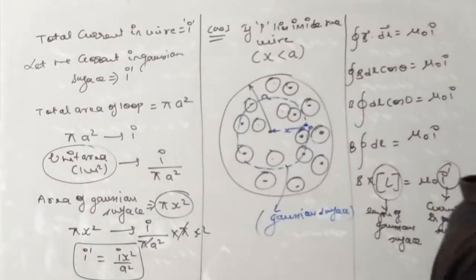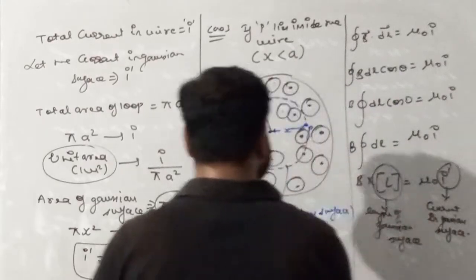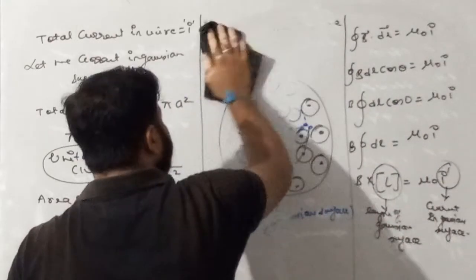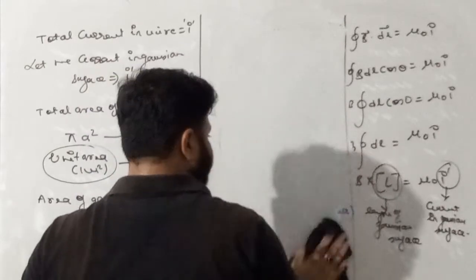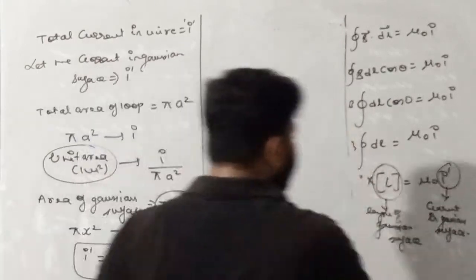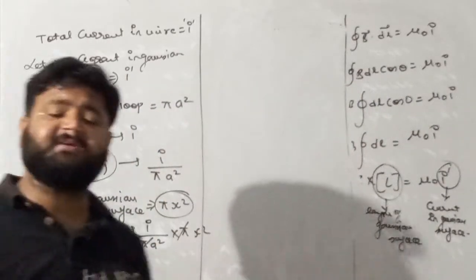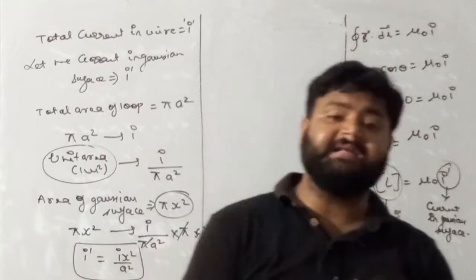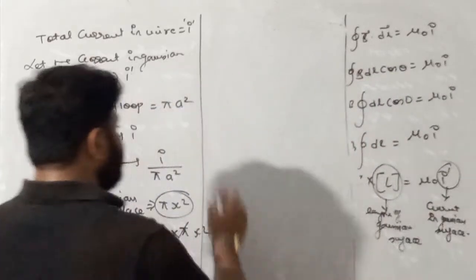Now we'll put this value, I x square by a square, in the formula. So we'll get B into L. L is length of Gaussian surface, which is equal to circumference of the Gaussian surface, and the radius of Gaussian surface, my dear student, is x. So 2 pi x.